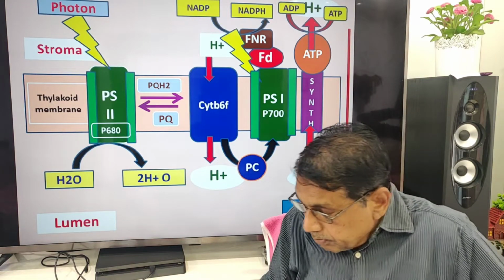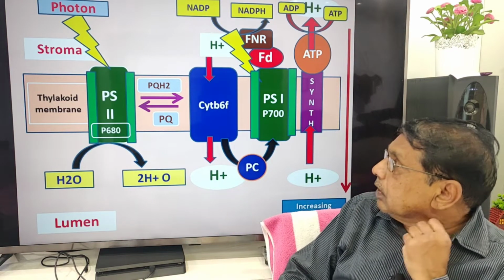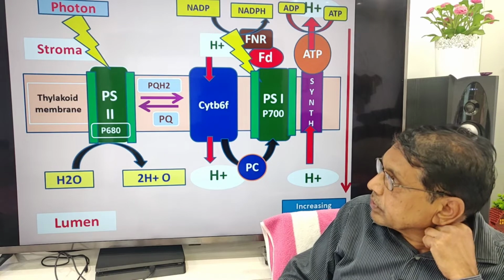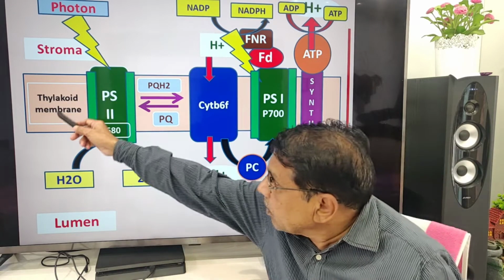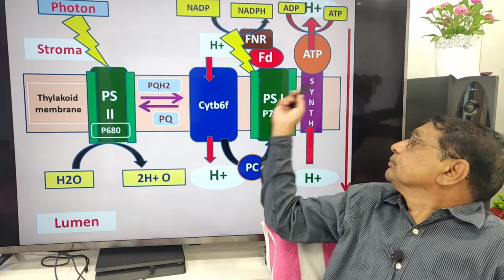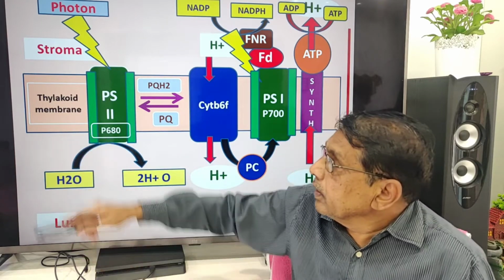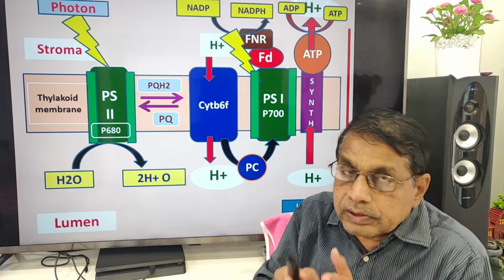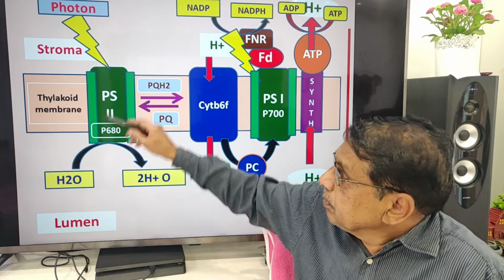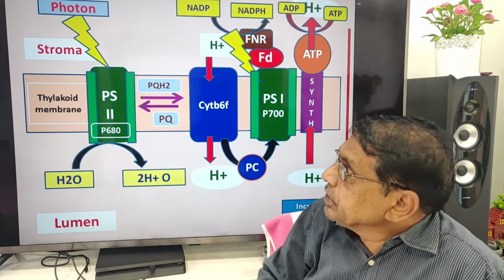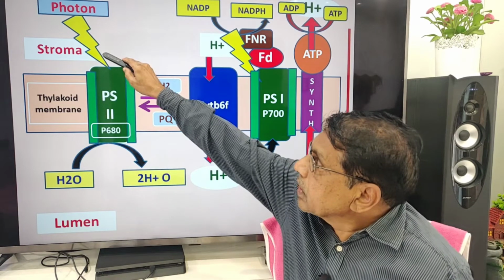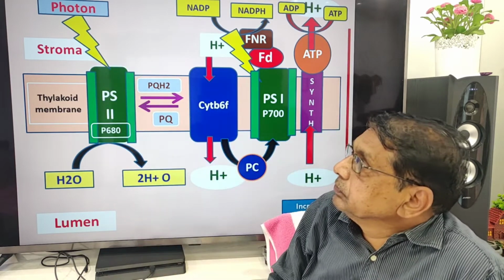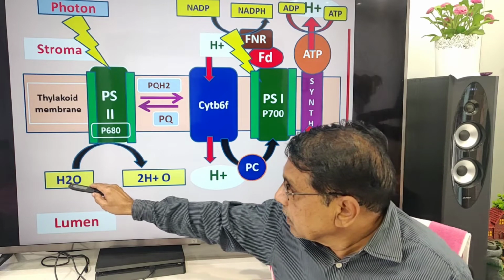This diagram is important: how the ATPs are synthesized. This is the thylakoid, with outer membrane and inner membrane. This is the stroma, and that is the inner membrane space. PS2, P680, falls light.